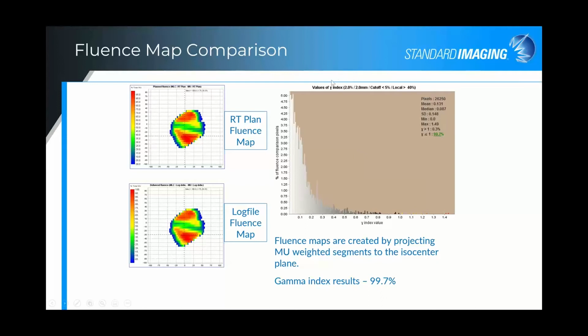This particular plan, you can see, has a gamma index of 2%, 2 millimeter, with a cutoff of less than 5%. You can see that we have a gamma pass rate of 99.7%. And these fluence maps are created by projecting the MU-weighted segments to the isocenter plane. This, of course, exceeds a threshold, so no action is required.